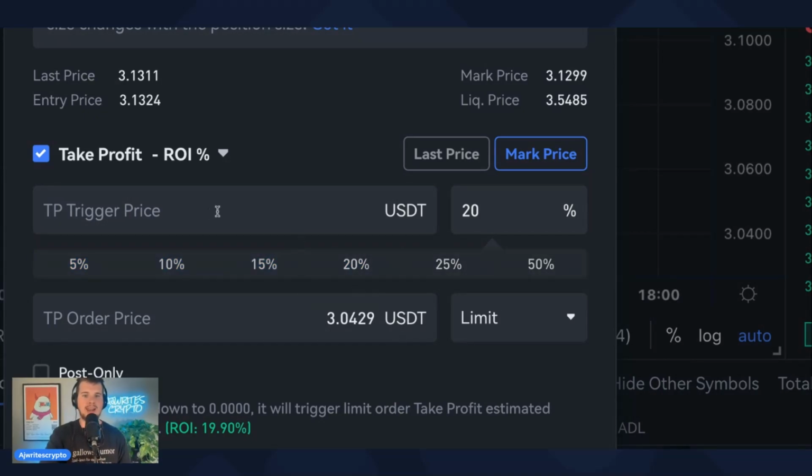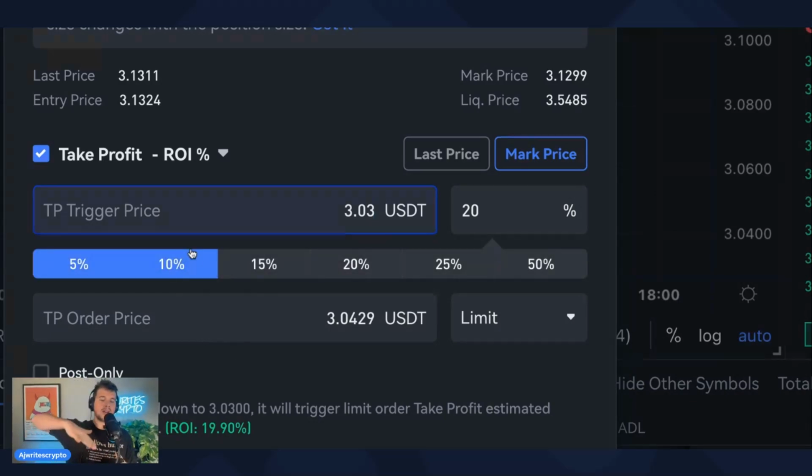Or you could put in an exact number. So say we got in the trade, the entry was 313. It's a short. So say if it falls to 303, I'm cool with that. But listen, there's a difference between a trigger price and an order price. The trigger price, once it hits that level, it will trigger your order and your order will be executed at the order price.